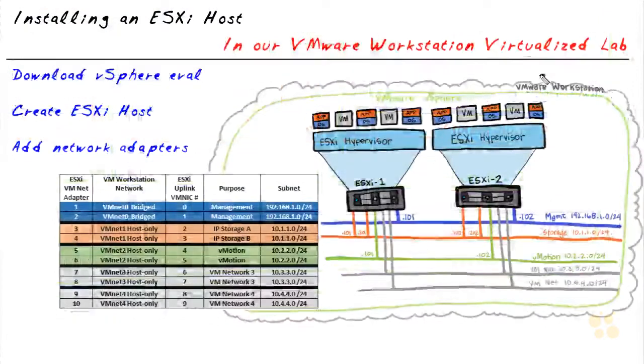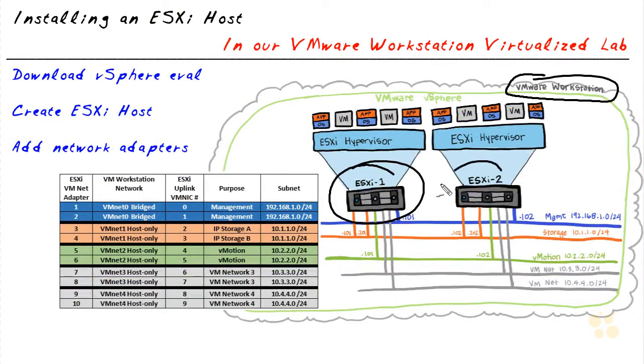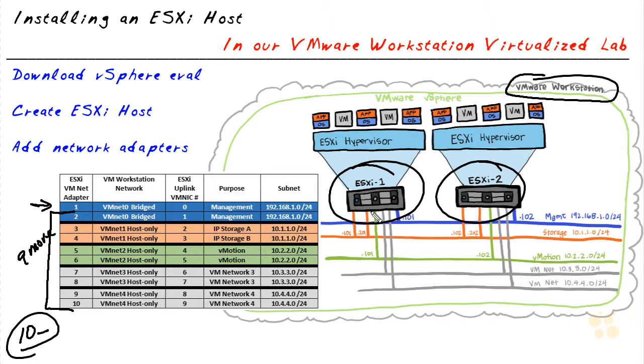So from a VMware Workstation perspective, each of these ESXi hosts that we're going to be creating, we're going to give them 10 network interfaces. So we're going to add 9 more interfaces. So 9 more plus the one that VMware Workstation gave it by default will give us a total of 10 network interface cards for each of our ESXi hosts that we're building inside of VMware Workstation.